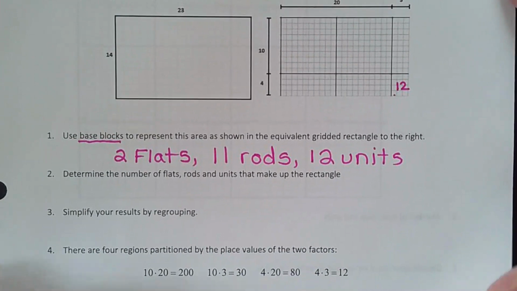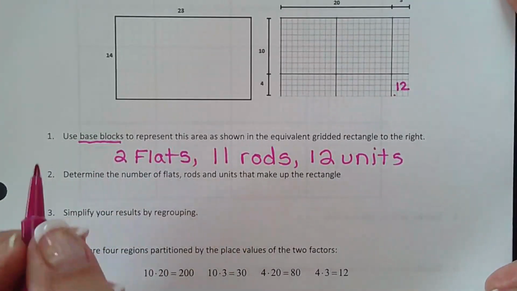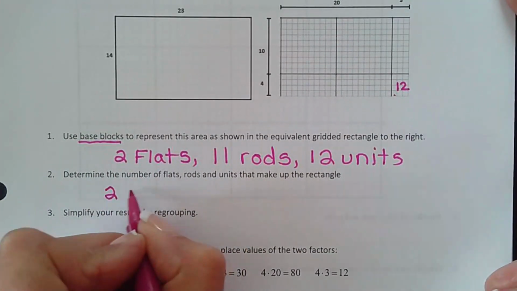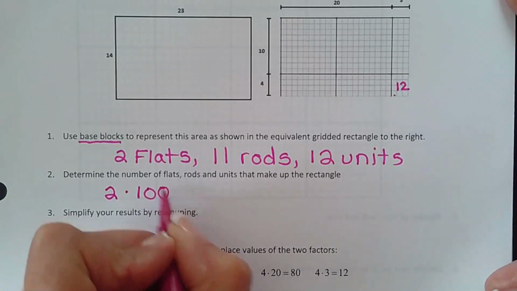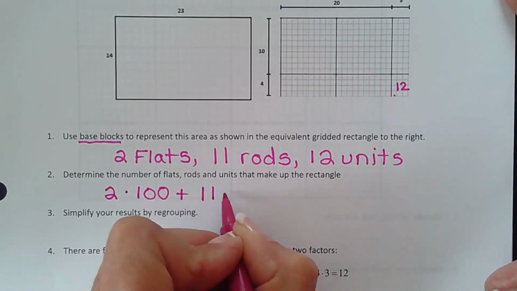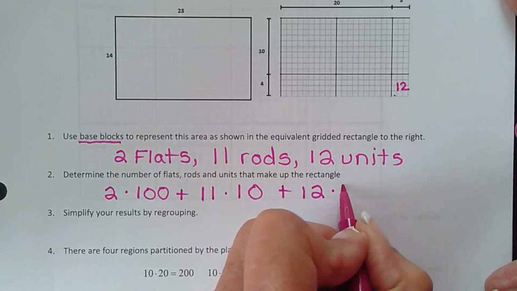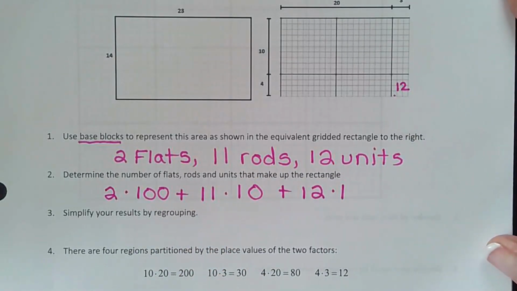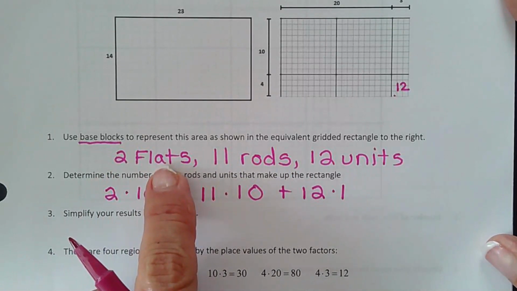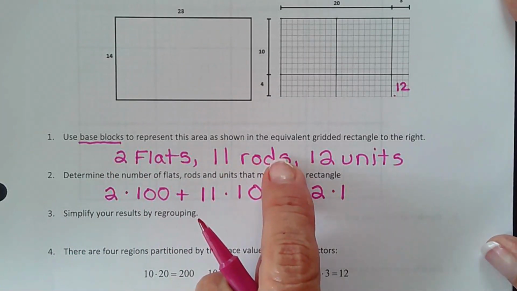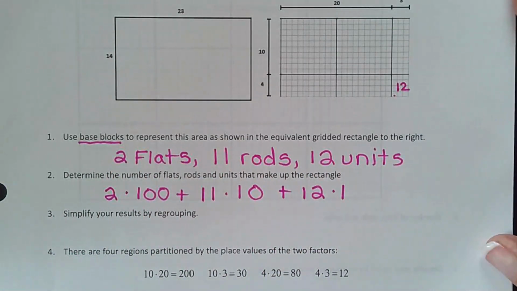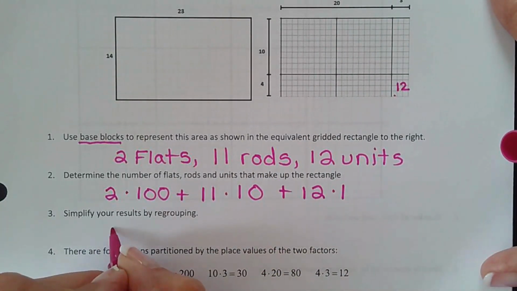So now we can do 2 times 100 plus 11 times 10 plus 12 times 1. You remember doing that before? We did that way back in the first unit. So this would be 200.